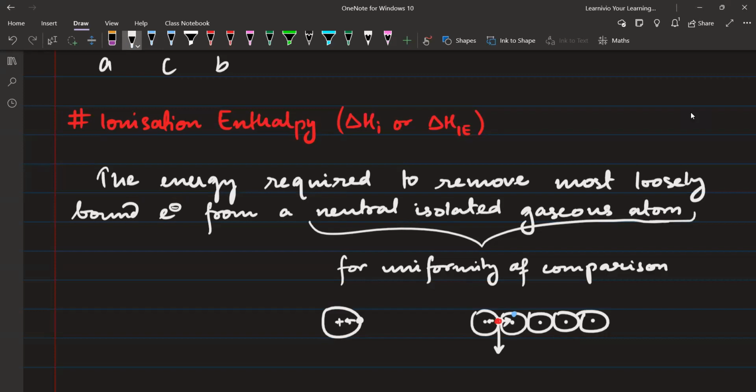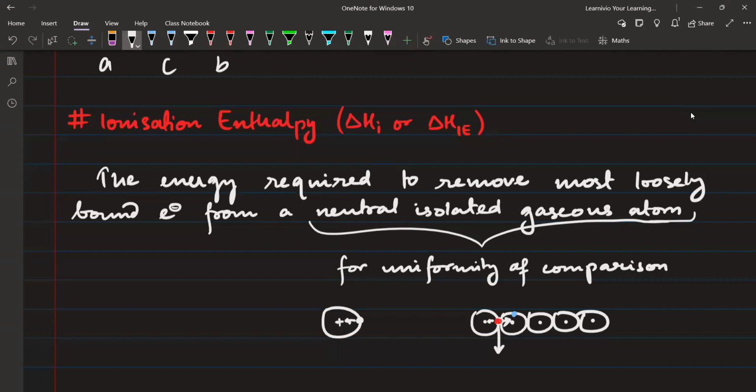This type of complexity occurs when we don't take a neutral isolated gaseous atom, and it will not be similar for each element. The attraction by the two protons will be different for carbon and for iron. The repulsion between electrons will be different for carbon, scandium, sodium, fluorine and the others.